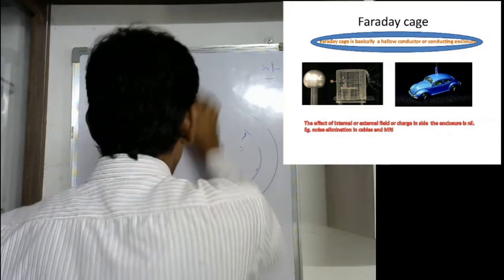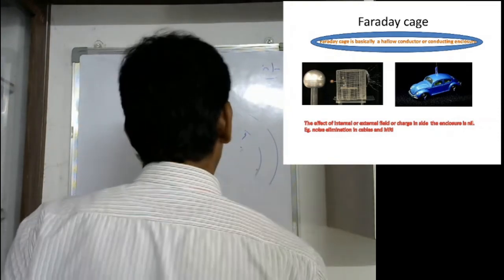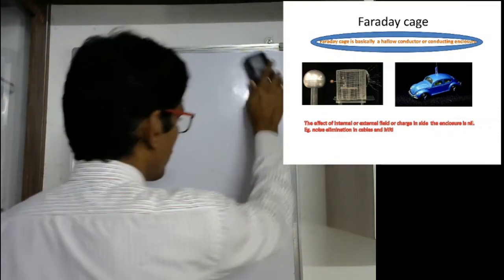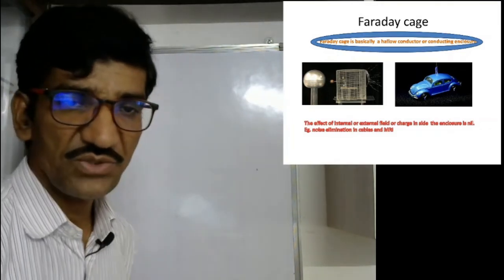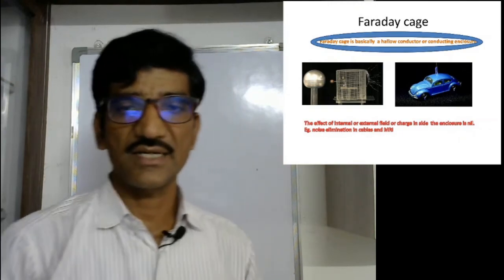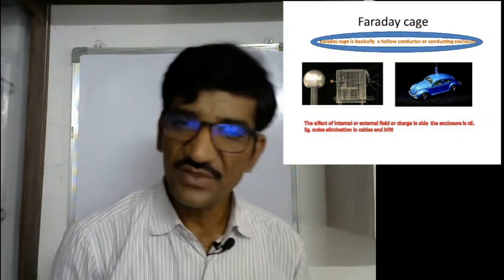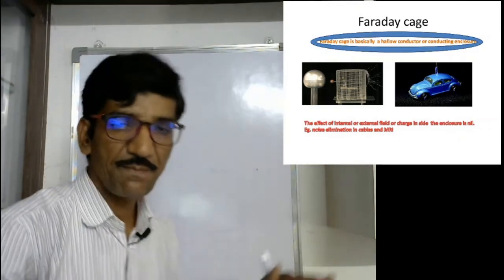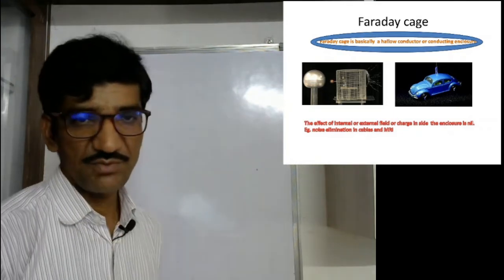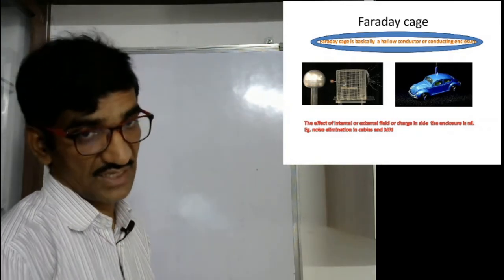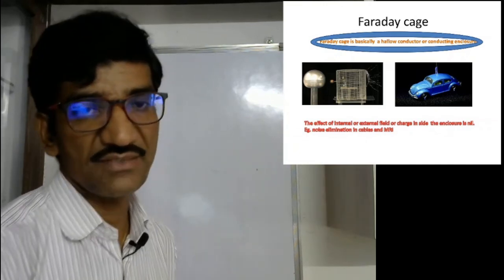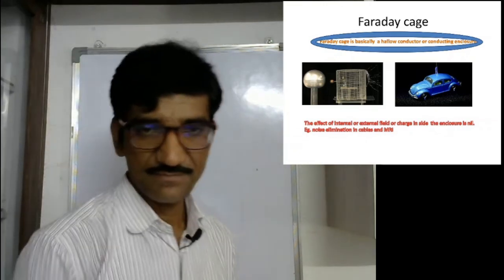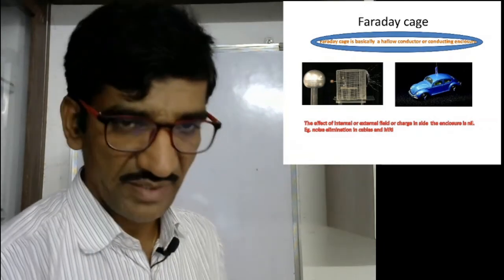The MRI room is made as a Faraday cage in order to get uninterrupted signals and correct readings. To protect electronic equipment from external influences, we put our instruments inside this Faraday's cage. Then fields or charges outside the Faraday's cage will not affect the instrument.